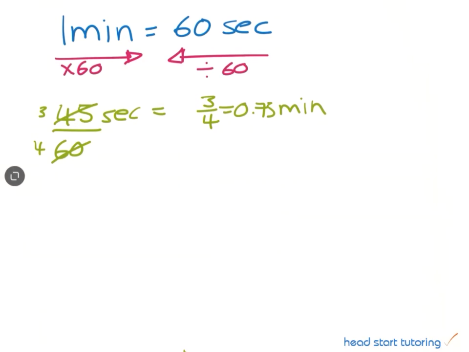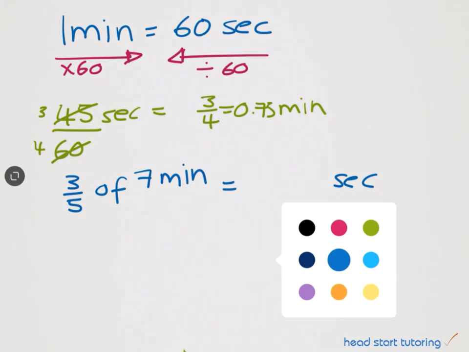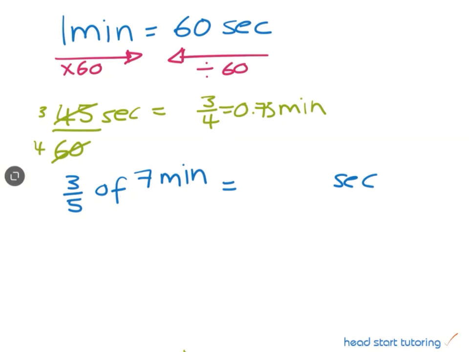Right, if I would like to work out what 3/5 of 7 minutes is equal to in seconds, what I need to do is work out 3/5 of, or times, and then convert my 7 minutes into seconds, which is 7 times by 60, which is 420, and 420 over 1.